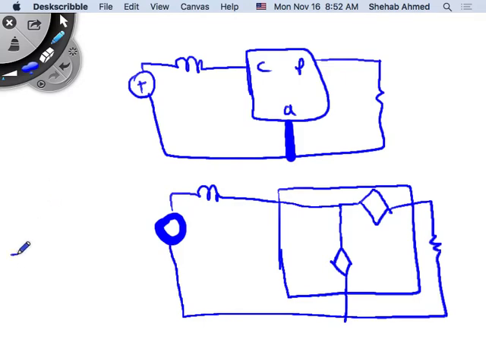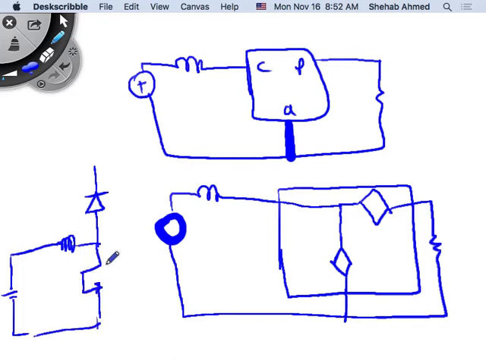The way we drew it was, this was my diode, this was my switch. So what is the current here? This was A.